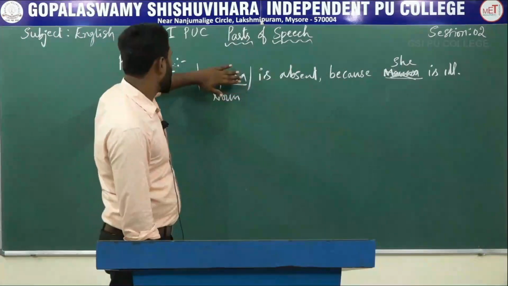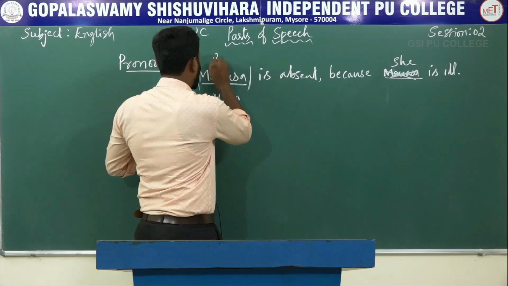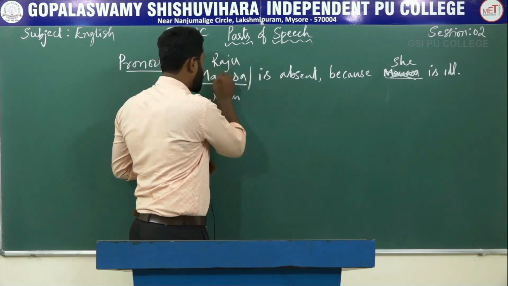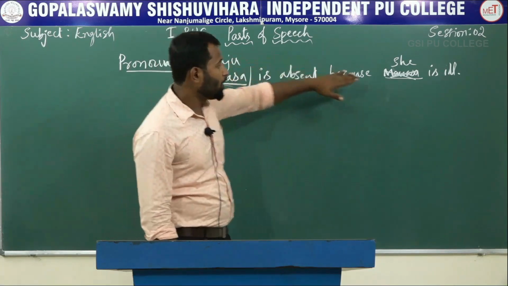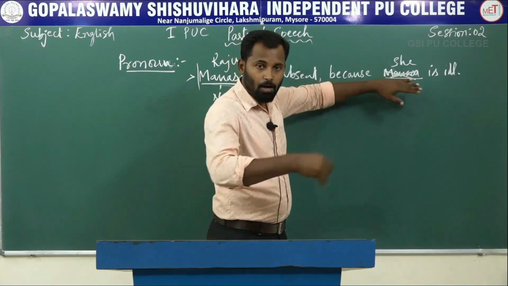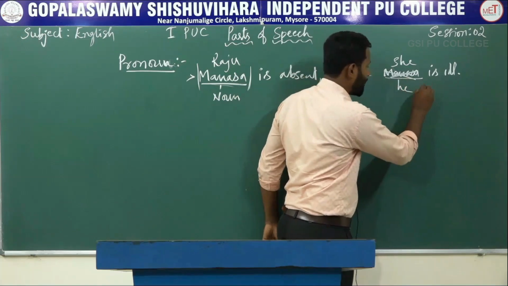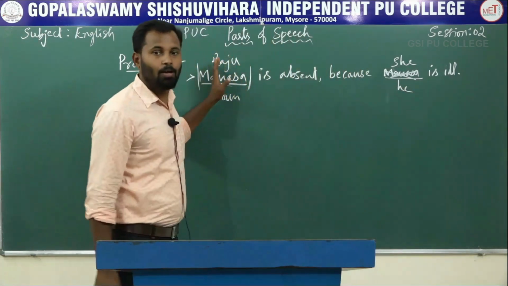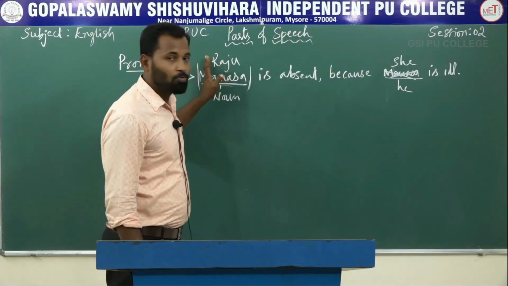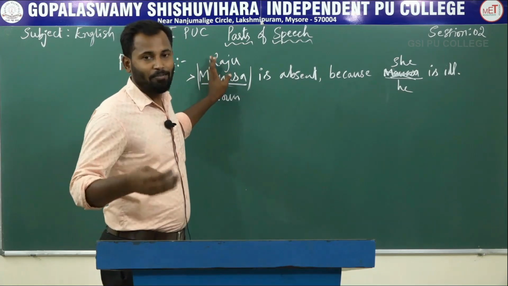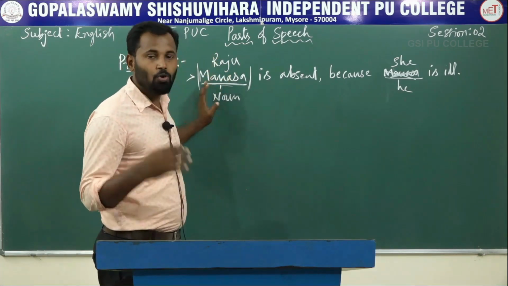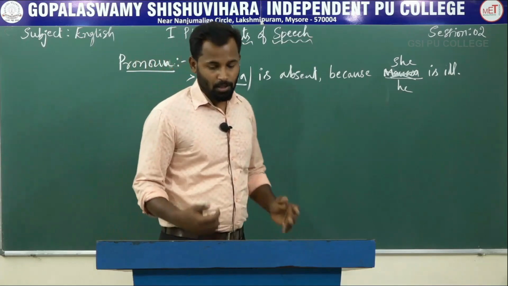If you have Raju, here instead of repeating the same name Raju, we have to use he, because Raju is a boy. So a pronoun is used instead of a noun and it is used to avoid the repetitions of the nouns.